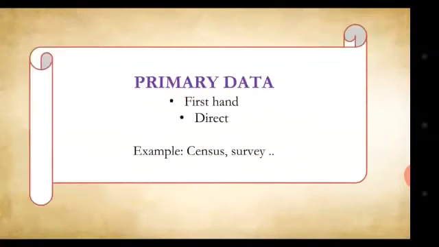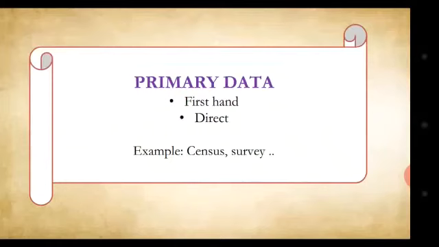Primary data refers to first-hand data that you collect from the respondents, and it is highly direct. As a researcher, if I want to collect the data, I myself go into the field, meet the respondents, and start collecting the essential facts or figures which I call data, essential for my research.